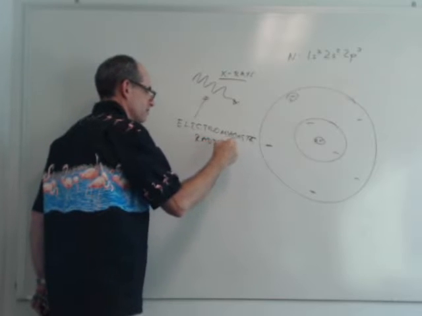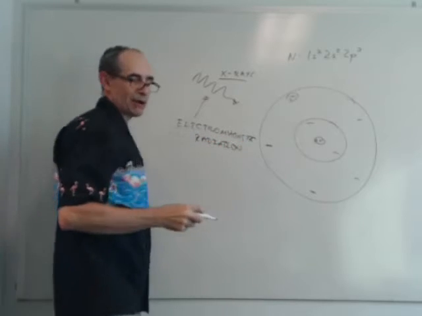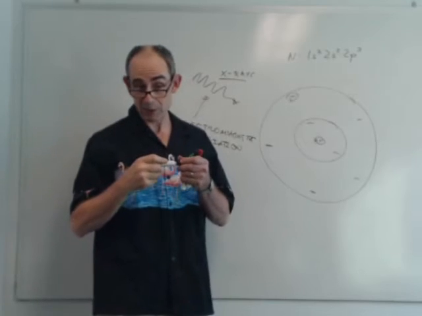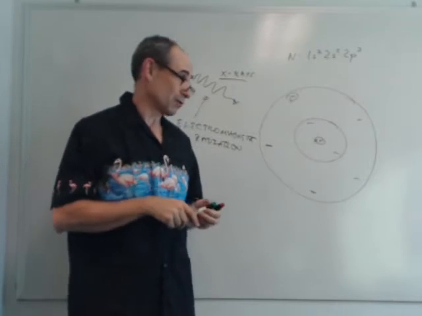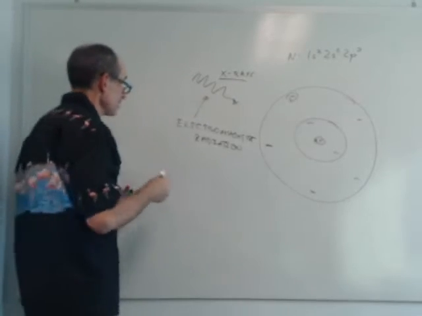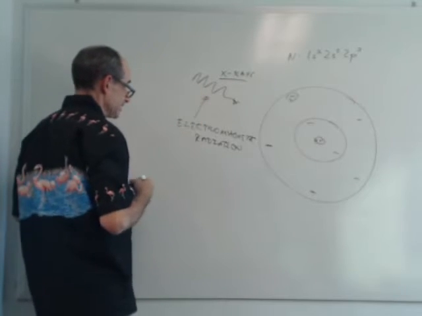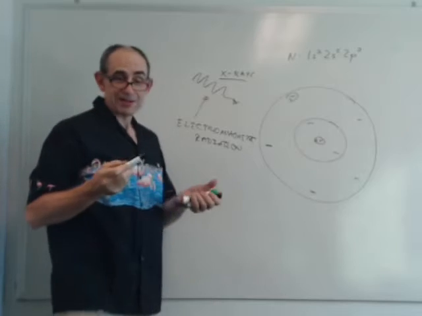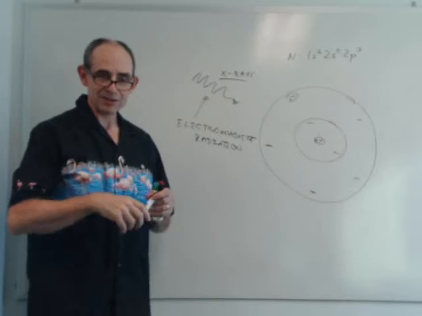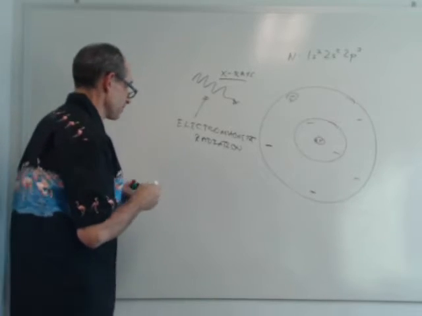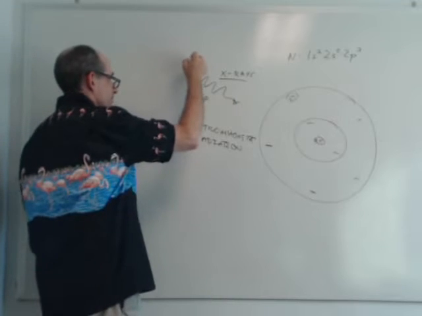And that's the same whether we're talking about visible light that our eyes respond to, or radio waves, or X-rays, or infrared, or ultraviolet. It's all alternating electric and magnetic fields. And light, surprisingly, is also quantized, exists in little discrete particles. And we call these particles of light photons.